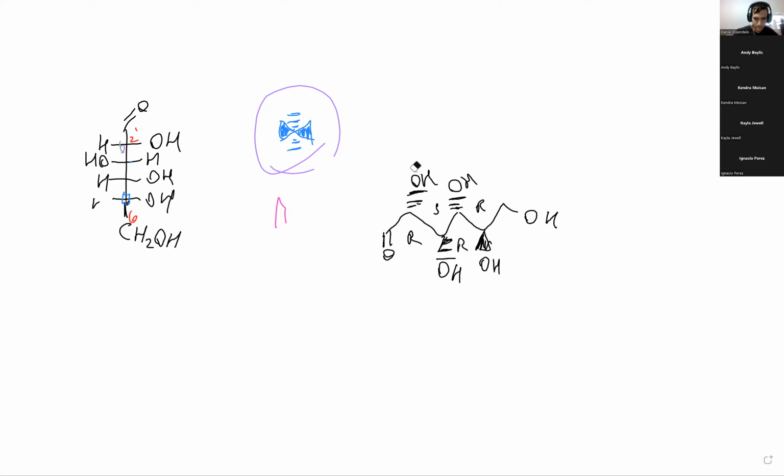Okay. So, last thing before we move on, all right? So, is this E or Z? That is the question. What you're going to do is take a line and draw it perpendicular to the alkene.